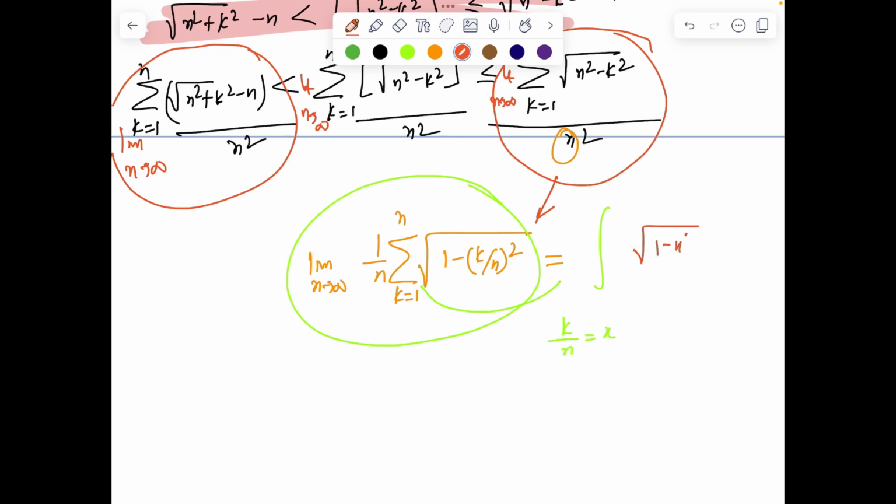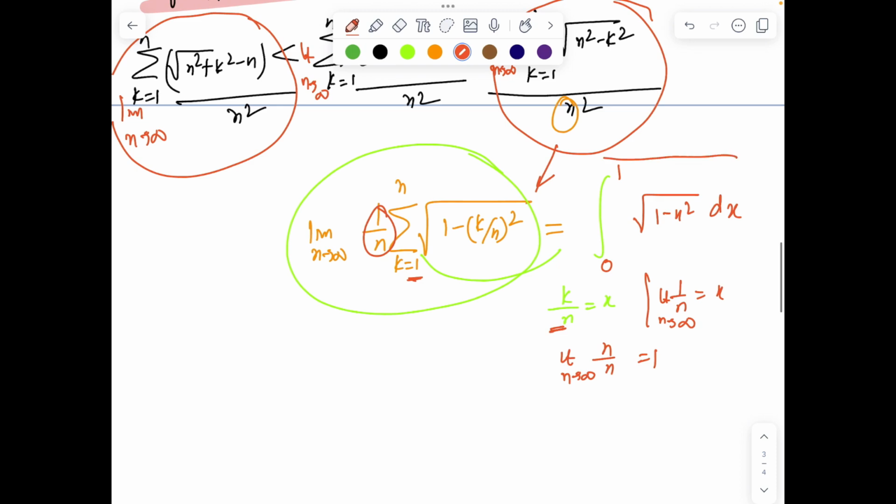That gives me root over 1 minus x squared dx. 1 by n is replaced with dx. At k equals 1, we have 1 by n equal to x, and as n tends to infinity, the lower limit goes to 0. The upper limit, as k tends to n, we have n by n, which goes to 1, so the upper limit is 1.